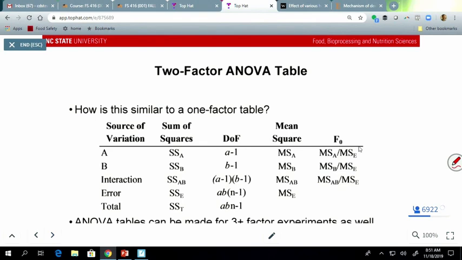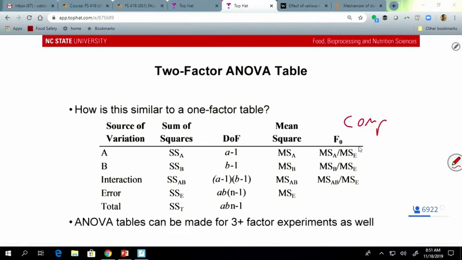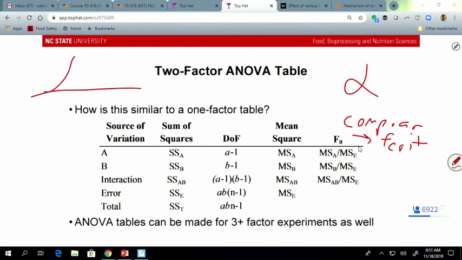Eventually, we'll compare this to an F critical value that comes out of the table of F critical values depending on your alpha level. Remember, we're just calculating where my F test statistic ended up.